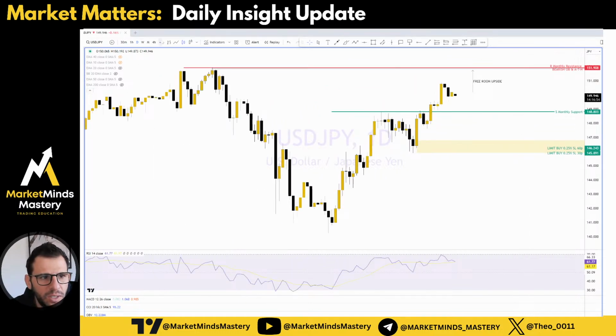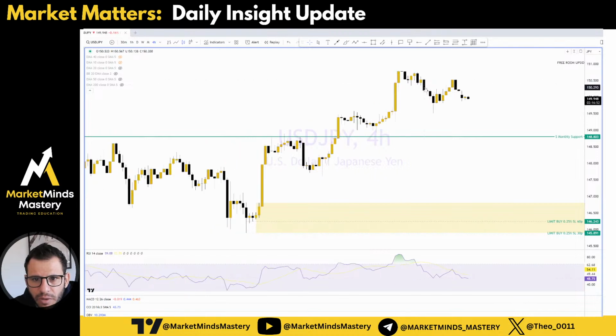limits of this candle. If we drill down to the 4-hour time frame, the market created this move to the upside, the impulsive move. It retraced back and it pushed upwards, but it failed to move higher with this bearish engulfing here.